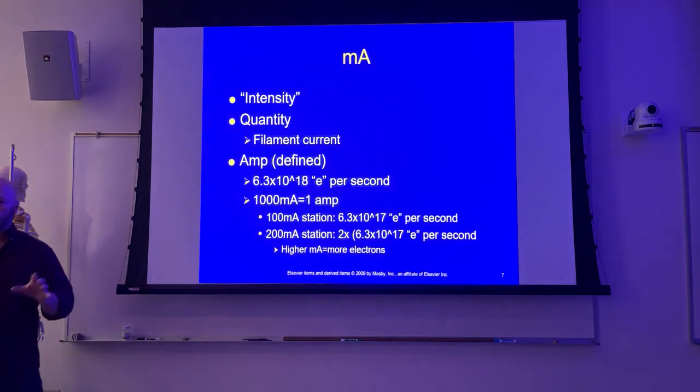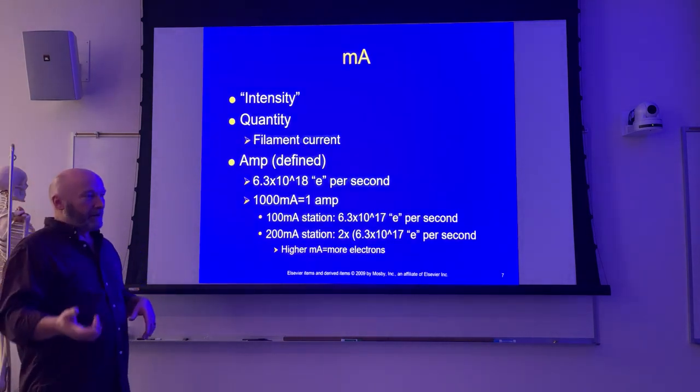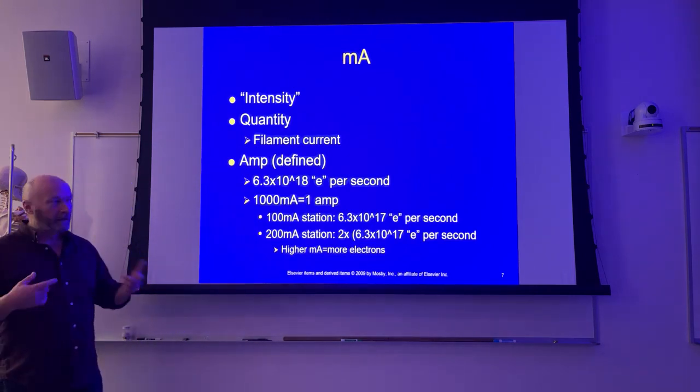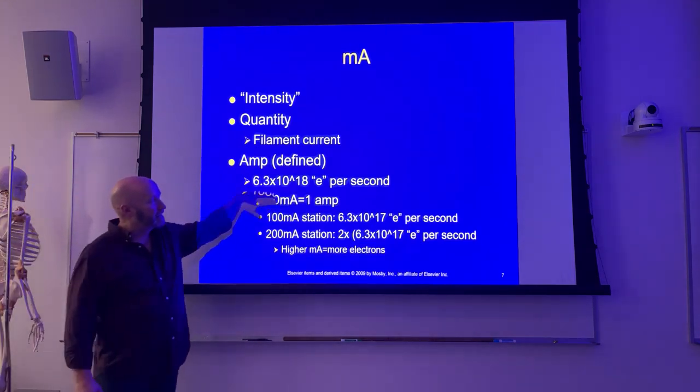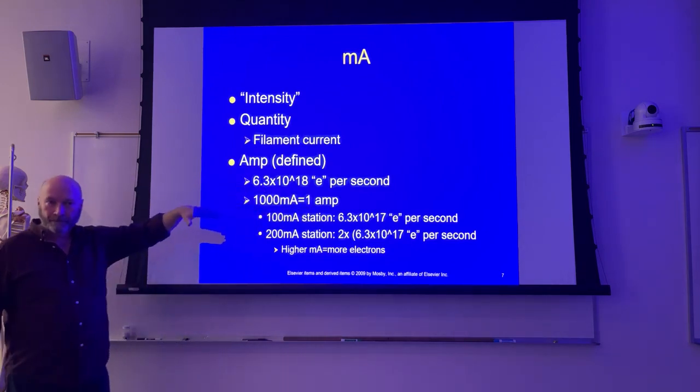Then we've got the filament circuit. What you don't see in the filament circuit are rectifiers, and you don't need rectifiers there because it's low voltage, right? So we've got alternating current down there, and we're running a tremendous number of electrons through the filament all at one time.